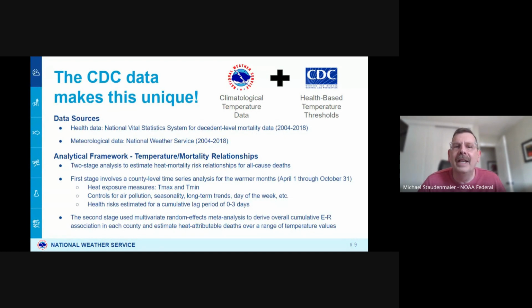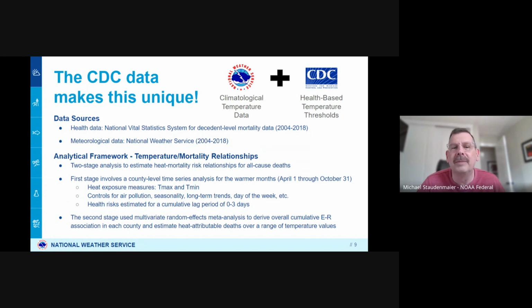I don't have time to get into the specifics of the epidemiological methods, that's a tough word, that were performed, but these are considered state-of-the-art methods within the heat health community. Mortality-based exposure response profile curves were generated for both max and min T. Air pollution, seasonality, long-term trends, and day of the week were just some of the parameters that were controlled for in their model.